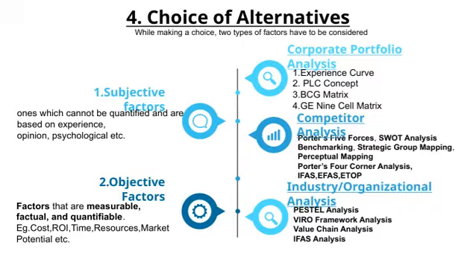Techniques like benchmarking, strategic group mapping, and perceptual mapping help us position ourselves effectively. Finally, tools such as Porter's 4-corner analysis and various matrices like IFAS, EFAS, and ETOP assist us in evaluating strategic options. When choosing among alternatives, it's crucial to balance these different factors to develop robust strategies aligned with our overall goals.